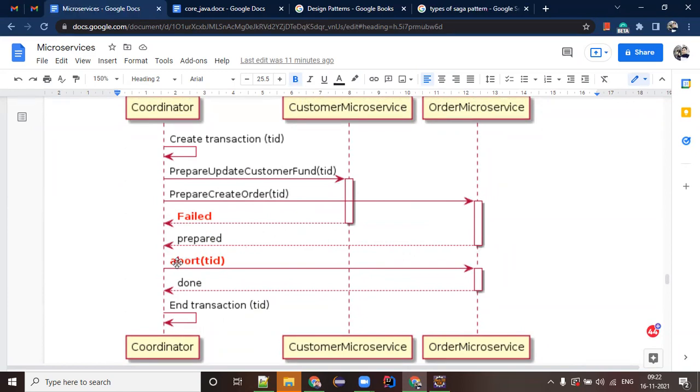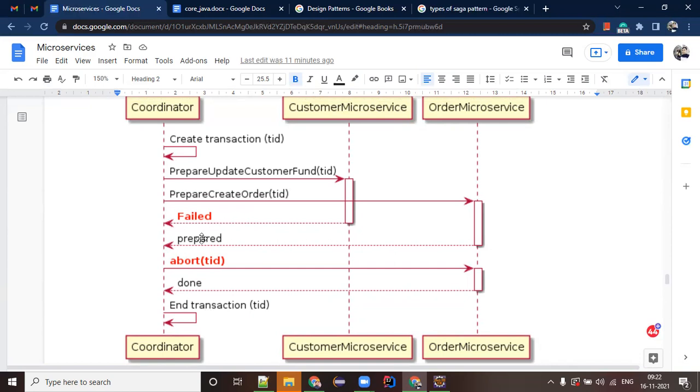Now what you have to do is abort the whole transaction and end the transaction. You cannot say that a partial commit can go. No, until your transaction is 100% succeeded with all the microservices, you don't have any right to do a partial commit. So all these responsibilities go to the coordinator.